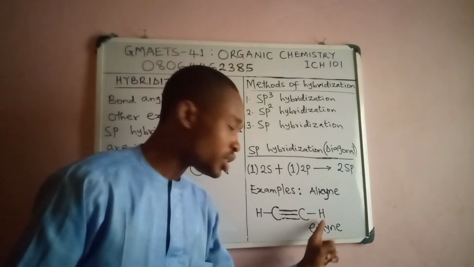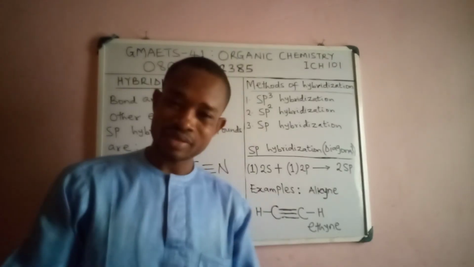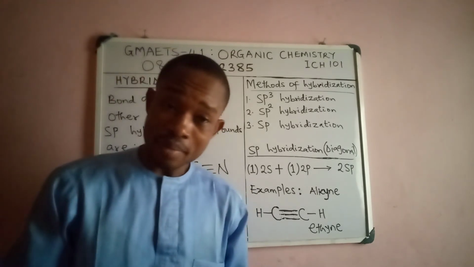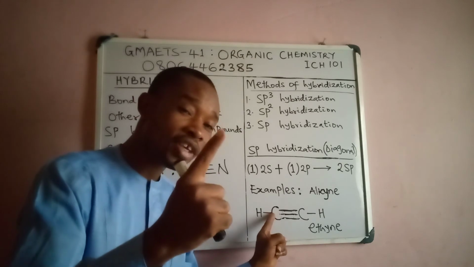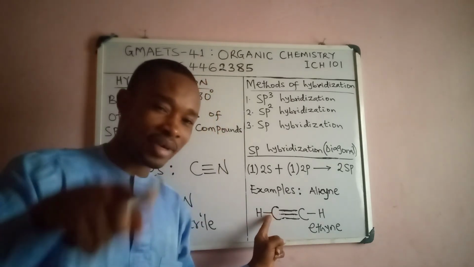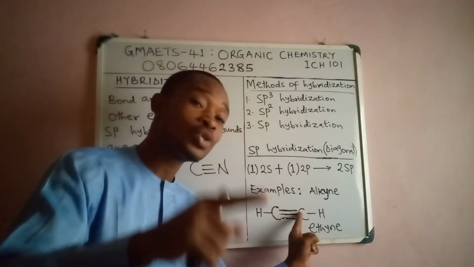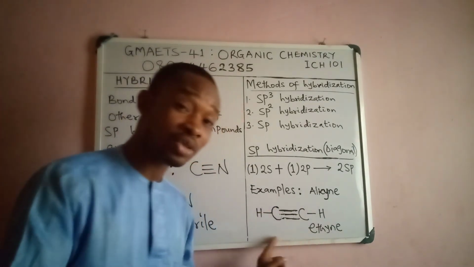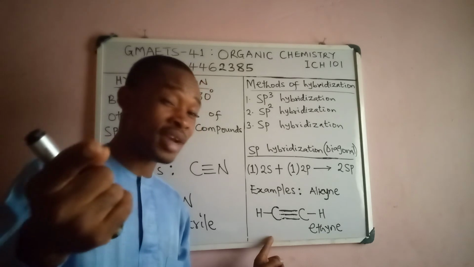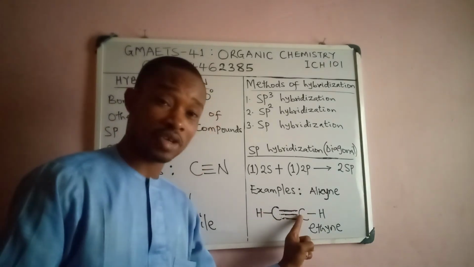How are these hydrogen atoms then linked to the carbons? Remember, this carbon had used 1 of its what? sp hybridized orbitals. This one has also used 1 of its sp hybridized orbitals. And remember, in the ethyne molecule there are 4 sp hybridized orbitals, 2 from here, 2 from here.